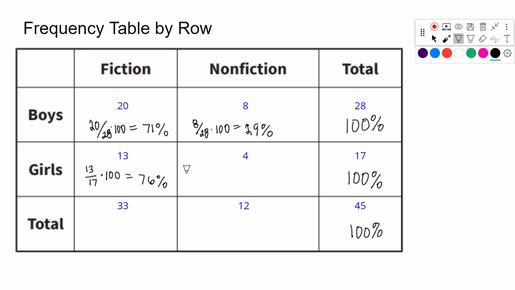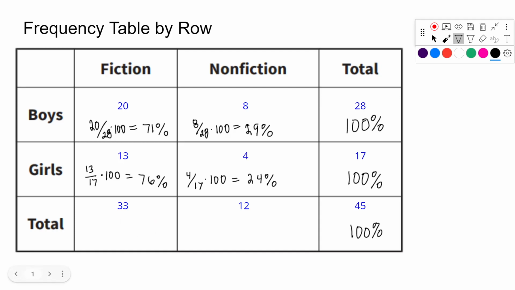And then we take a look at the nonfiction for girls, and that's 4 out of 17 times 100 is going to be 24%. And then we do the same thing with the total column.